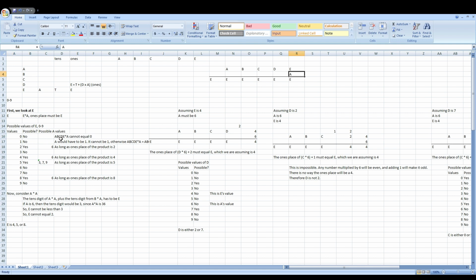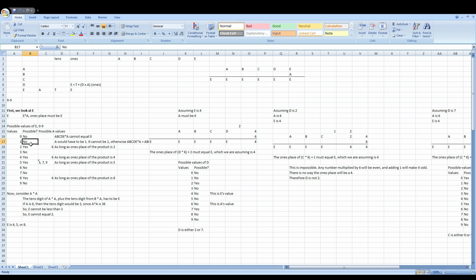And the answer is no, because ABCDE times A cannot equal 0. That would make all of the E's here 0. How about 1? No, in that case, A would have to be 1. And if A was 1, then we would have ABCDE times A equals ABCDE, which is not the case here. It is 6 E's instead.